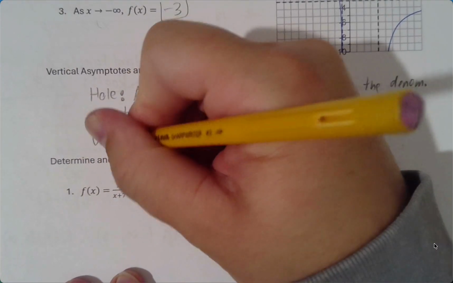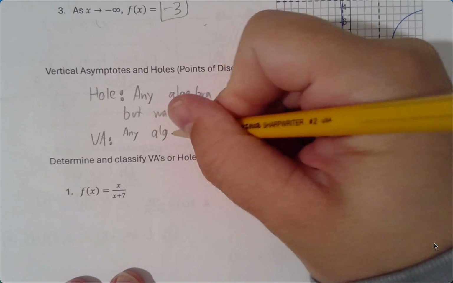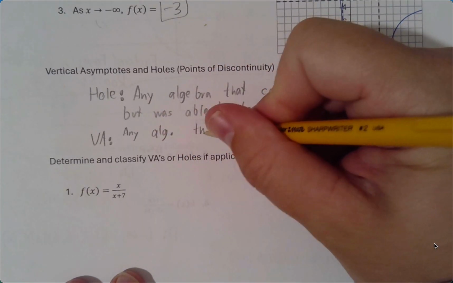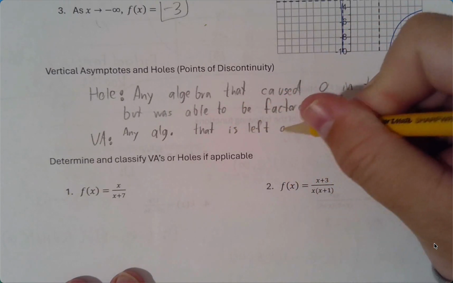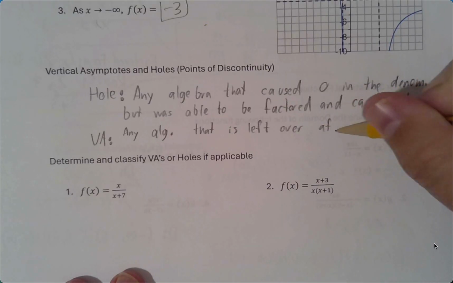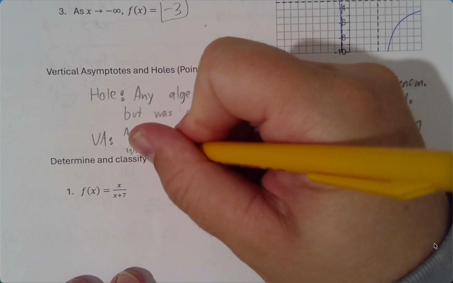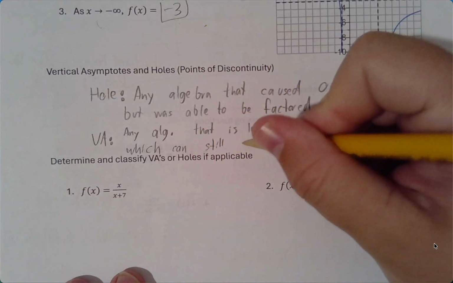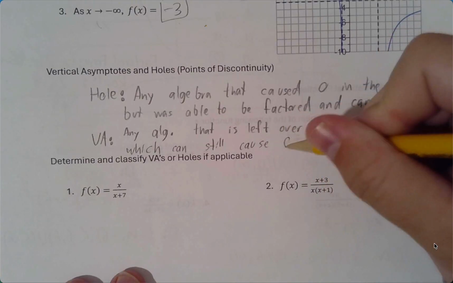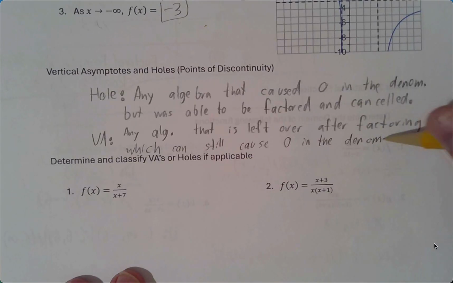And vertical asymptotes, catch this wording, is any, I'm going to abbreviate this to algebra, that is left over after factoring which can still cause 0 in the denominator.